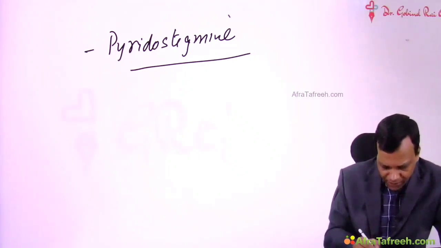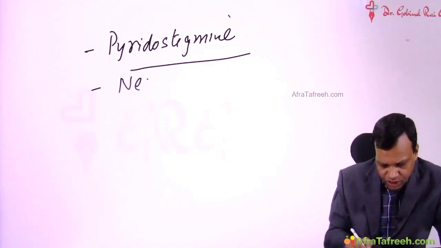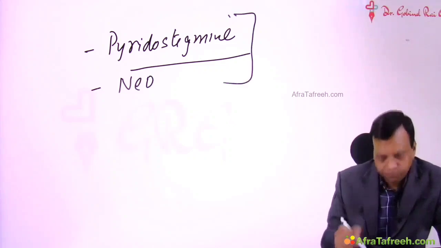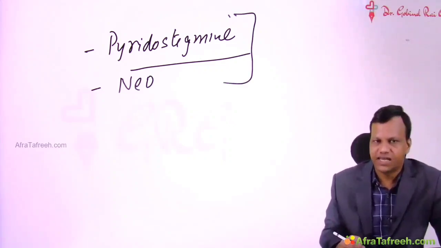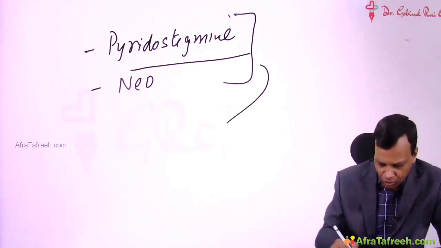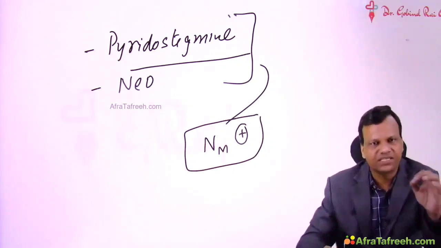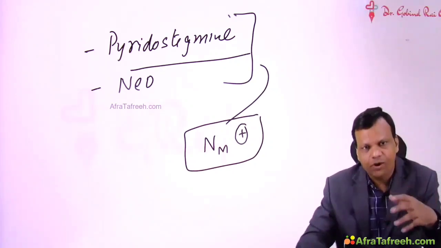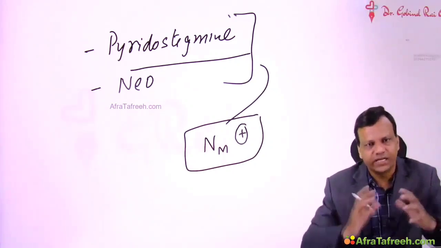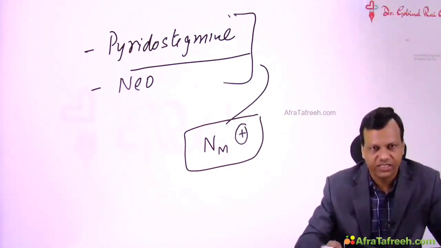Second thing, both pyridostigmine as well as neostigmine, apart from inhibiting acetylcholinesterase, also have direct NM receptor stimulating activity. They are direct agonists of NM receptors also. So this property may be beneficial in treatment of myasthenia gravis.